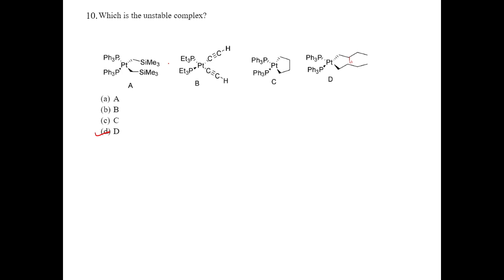Plus 2 is not its highest oxidation state, so it can go to a higher oxidation state as well. That's why reductive elimination is not favored and it can go to the beta hydride elimination reaction. Okay, is it clear to you?